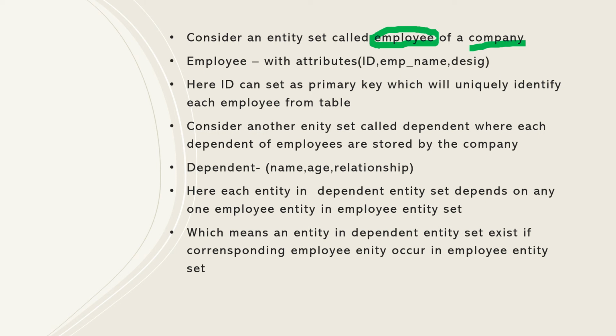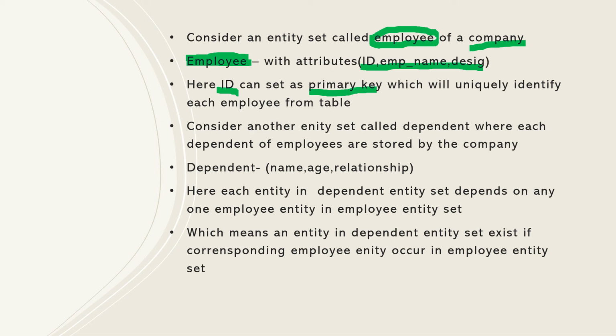Every employee in a company has attributes: ID, employee name and designation. Employee is an entity set with attributes ID, employee name and designation, and the ID can be set as a primary key. If you take any company, every employee will have an ID which can be used to identify an employee uniquely, so we can set it as a primary key.